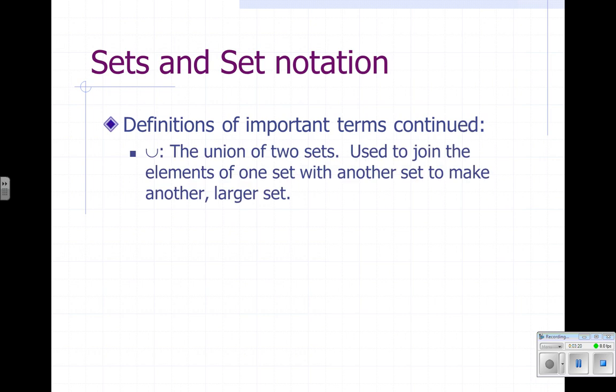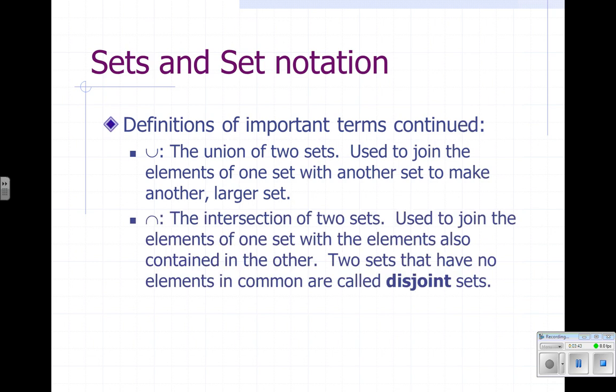Some more definitions. Whenever we have two sets and we want to join the elements of the two sets together to make a larger set, we use something called the union of the two sets. The union is represented by the symbol that looks like a U, maybe more elongated or drawn like a cup, maybe if you think about it.